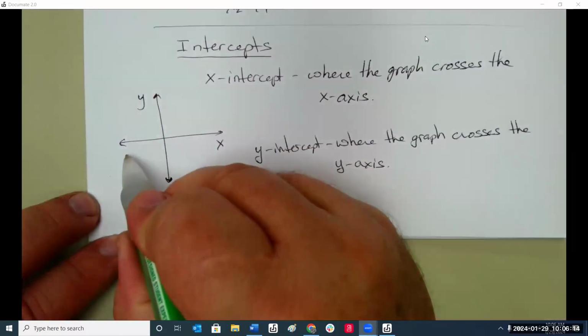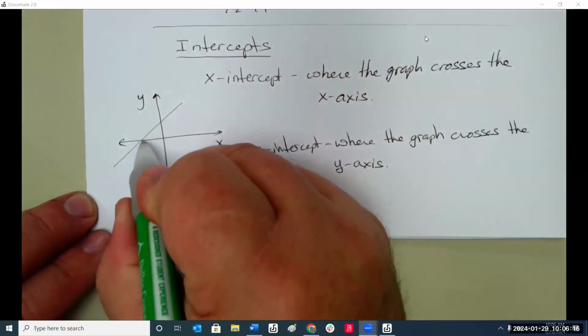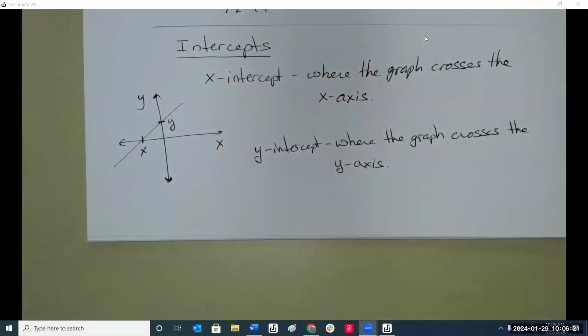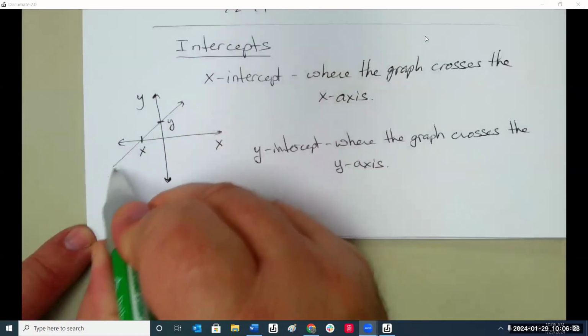You see, it crosses the X here and it crosses the Y there. Here's our line.